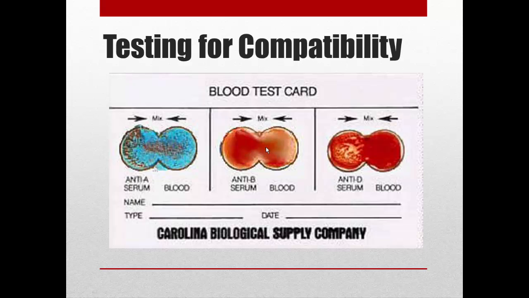Well, in this card, you can see that there's no clumping. So the B antibodies must not have had any B antigens to clump with, so we know this person doesn't have B antigens. So I know he's got A antigens, he doesn't have any B antigens, and then when I look at the Rh antigens, notice that the Rh antibody caused clumping.